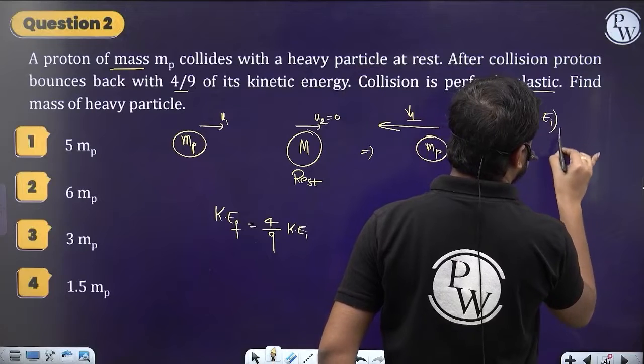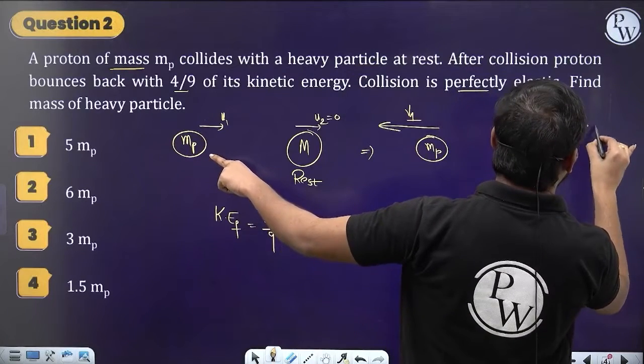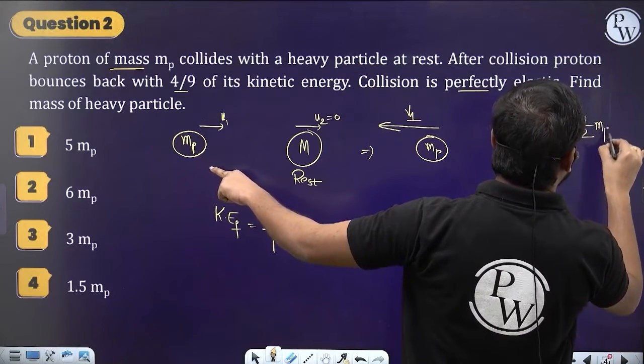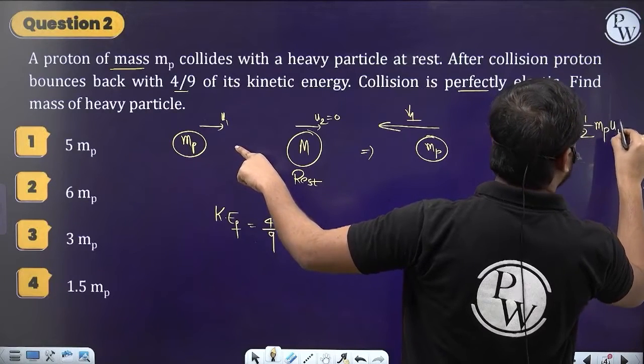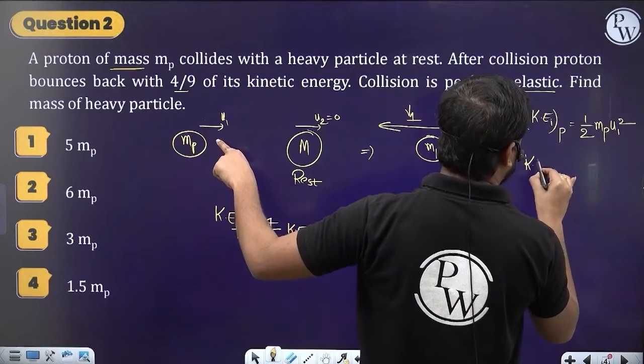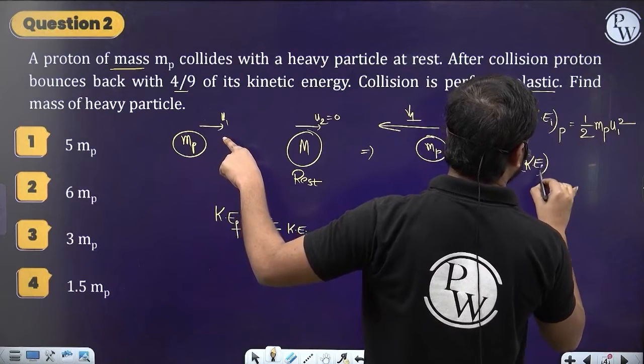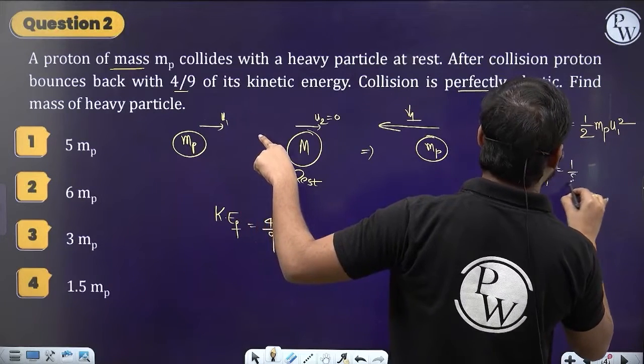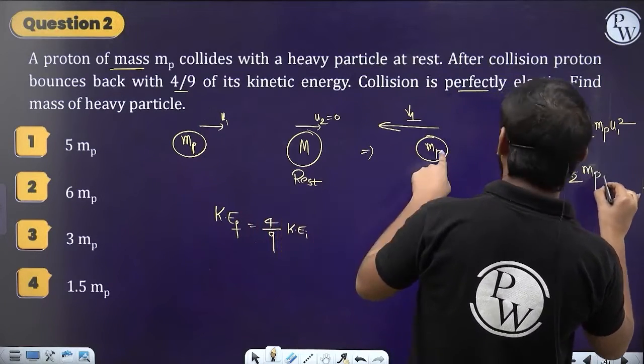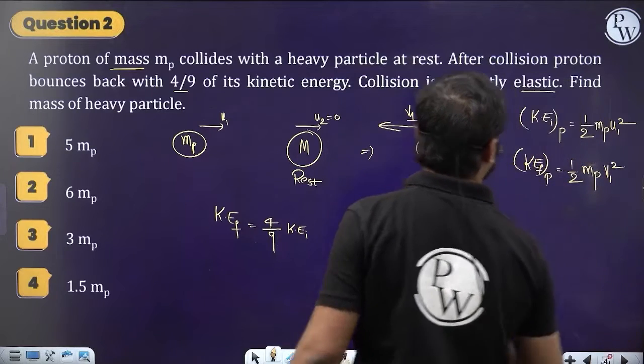The proton has the initial kinetic energy half into its mass mp into its velocity u1 square. What is its final kinetic energy? It is half into the mass of the proton into its final velocity, let it be v1, so v1 square.